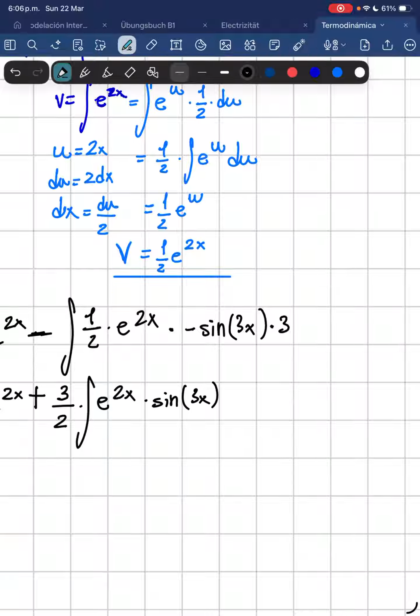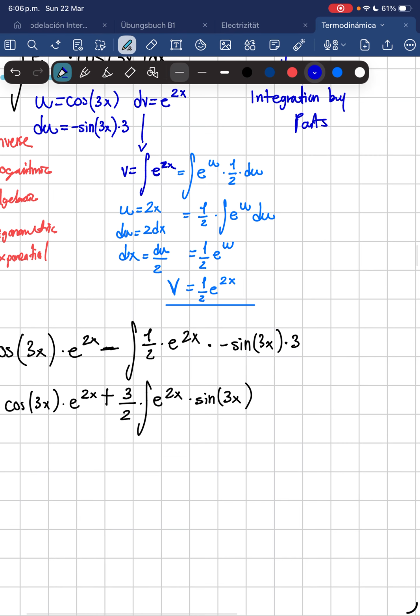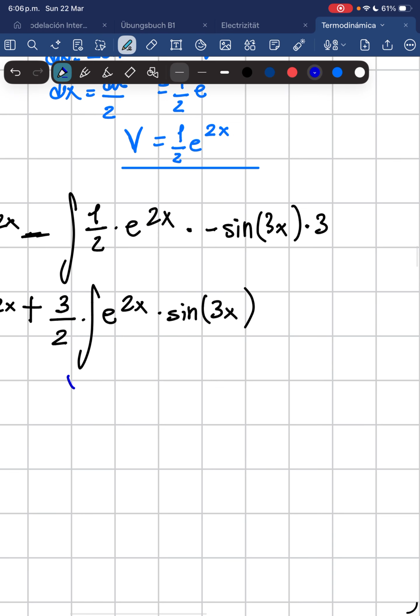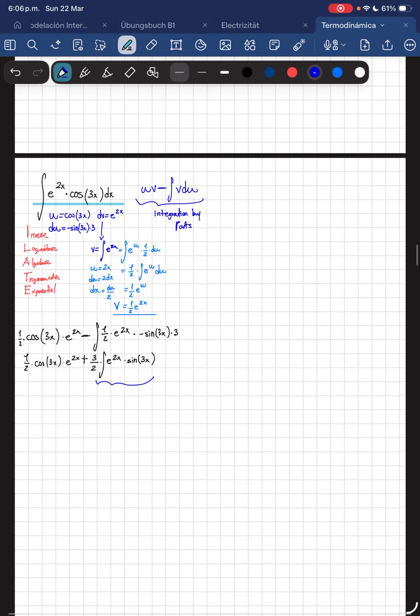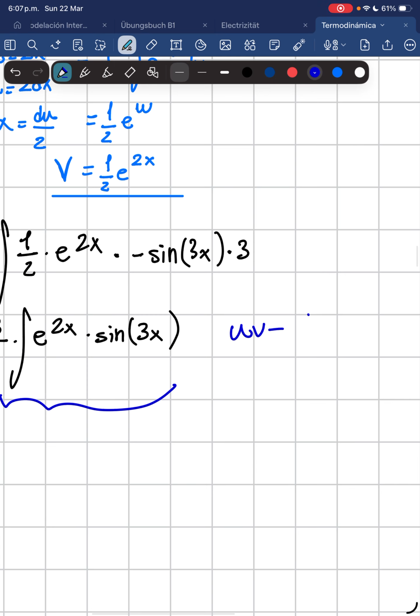And for this we're gonna apply the same principle as the first one. That's why it's called integration by parts. Then we're just gonna make a subdivision here. We're gonna use the same rule, uv minus the indefinite integral of v du.